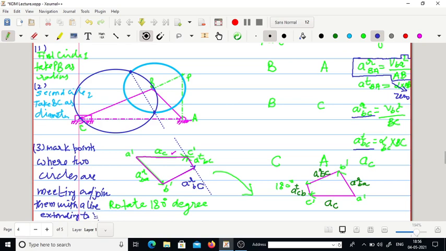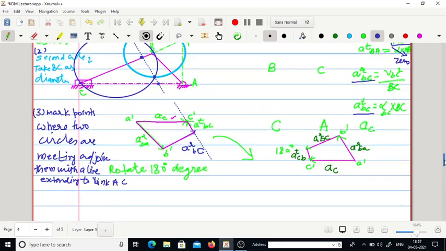Now we will get two more points, one where this line is cutting AC and another point located on BC. Okay, what is the fourth step?